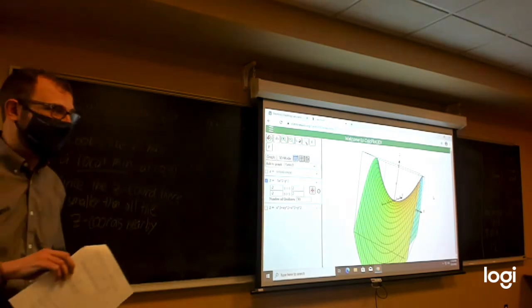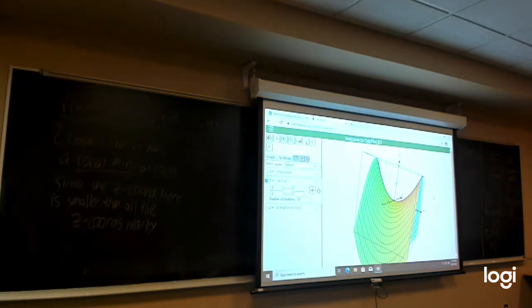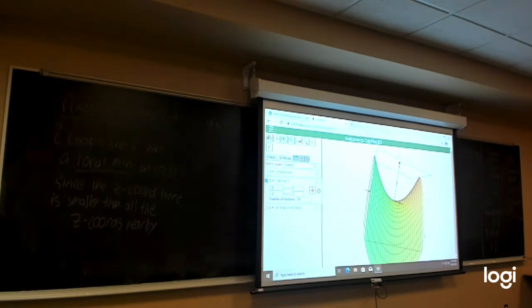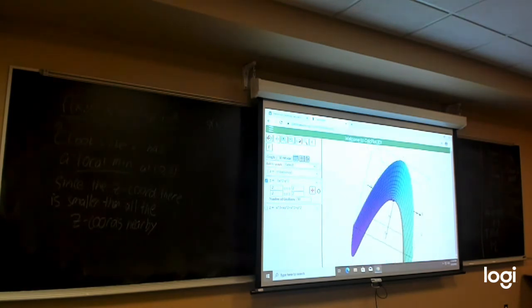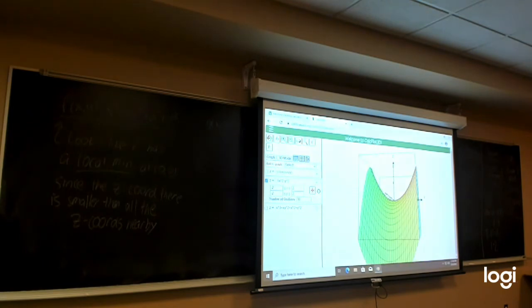Katie? Well, at the origin, I think it's a critical point that from some directions is a local min, from some it looks like a local max. Yeah, it's interesting. In the x direction, it looks like a local min, meaning the x value at the origin is going to be smaller than all the x values nearby.